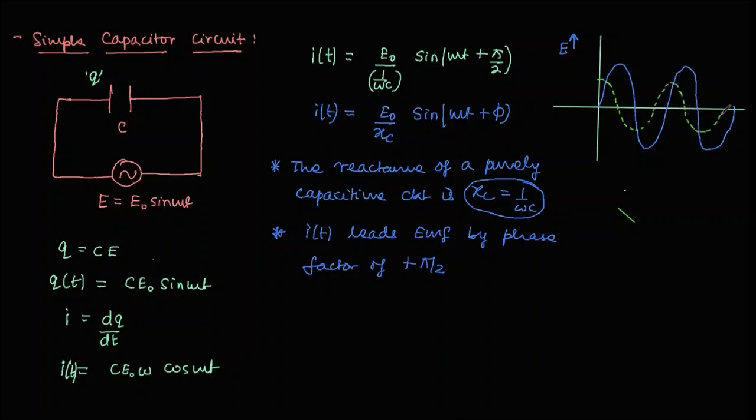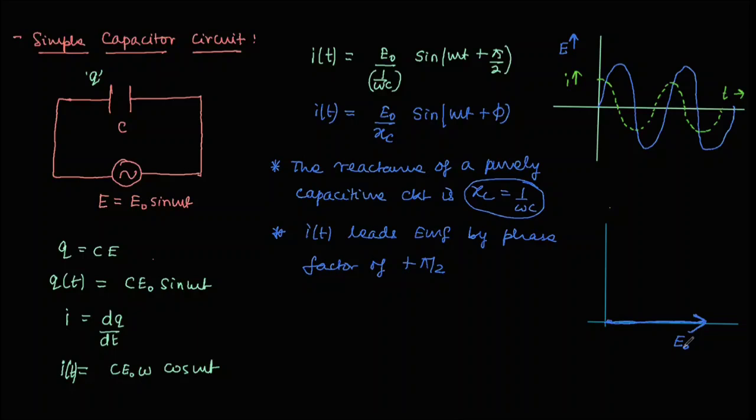You can use a solid line as well, because we are drawing from different colors. So this is regarded as current as a function of time, where the current is leading EMF with pi by 2. And if we draw a phasor analysis, in a phasor I represent EMF with time in the form of this phasor, which is representing E naught.